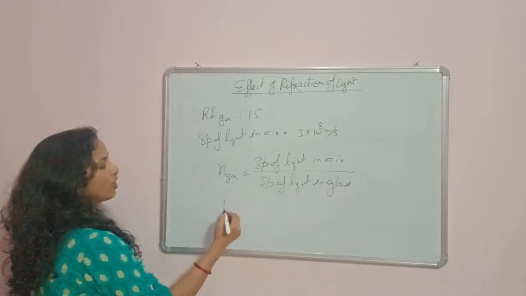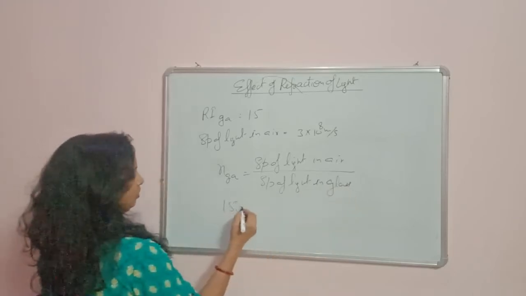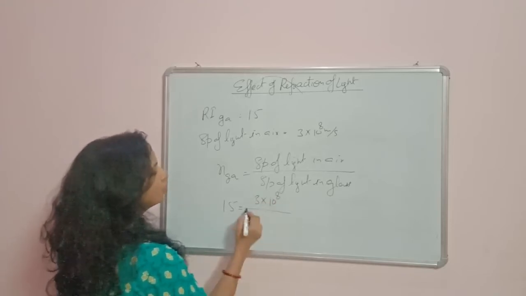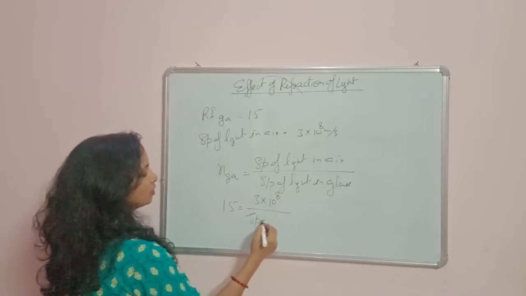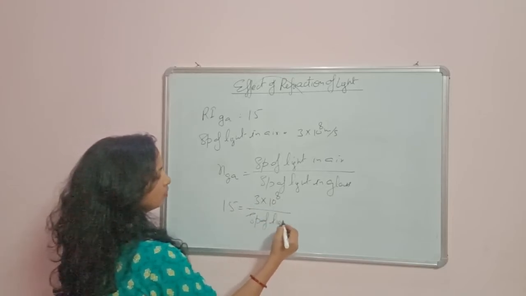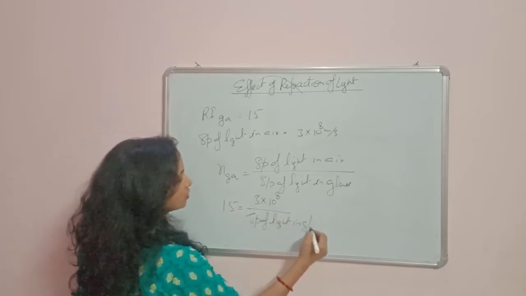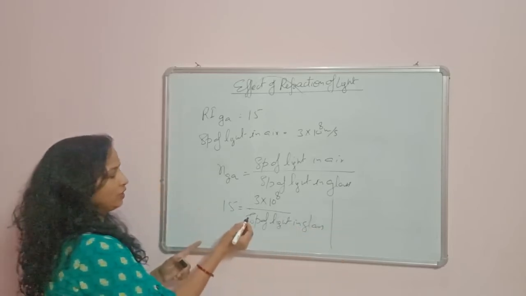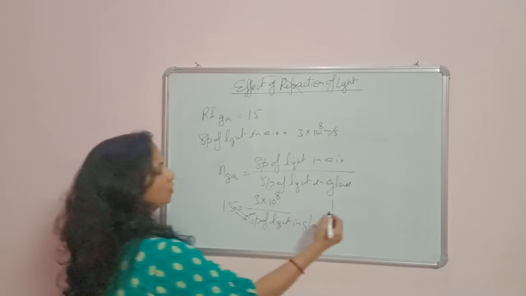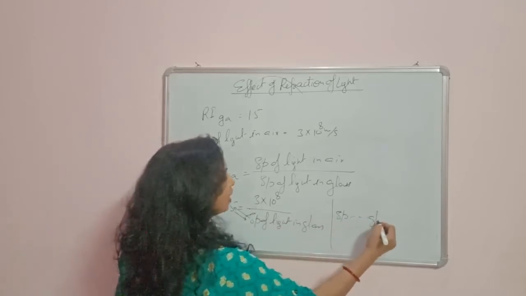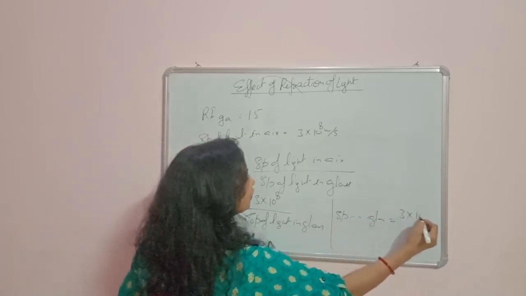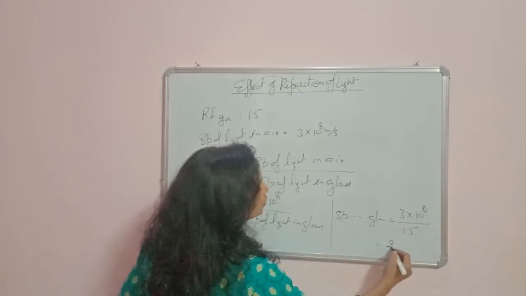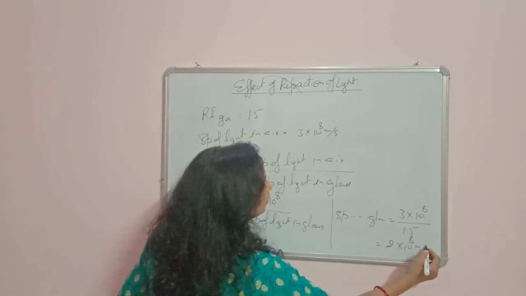So refractive index 1.5 is equal to the speed of light in air, 3 into 10 power 8, upon the speed of light in glass. So by the cross multiplication method, this goes here and this comes here. So the speed of light in glass is equal to 3 into 10 power 8 divided by 1.5. It will be 2 into 10 power 8 meter per second.